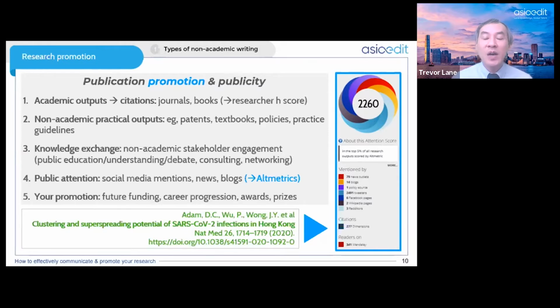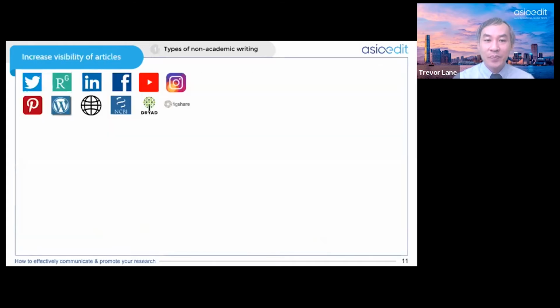It's weighted for things like news and blogs and policy papers, government policies, and also tweets and Facebook mentions. This is the trend going forward now. You might see this multicolored donut next to people's articles or in journal sites. It's not new anymore, but you might not have noticed it. So this is the thing to aim for now.